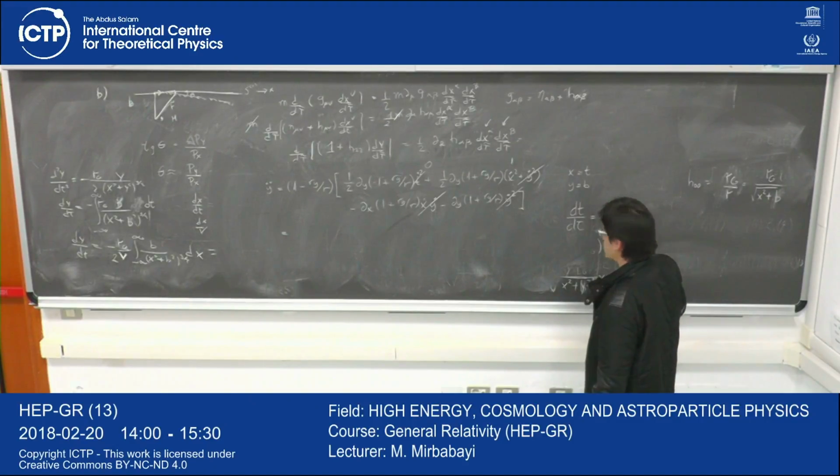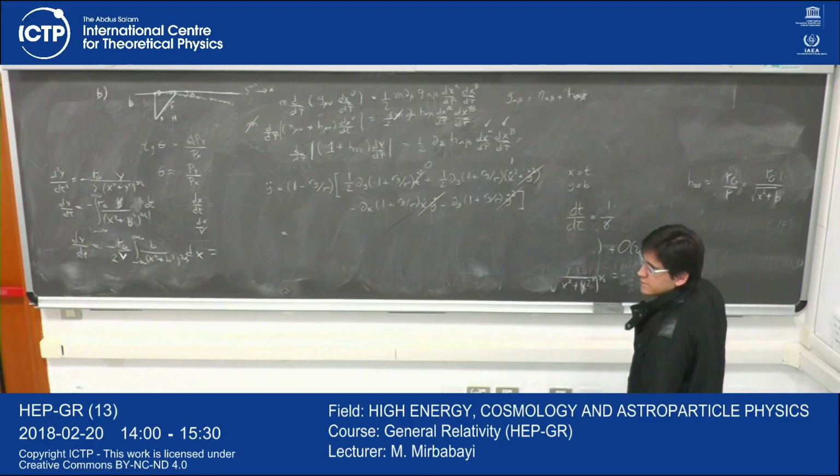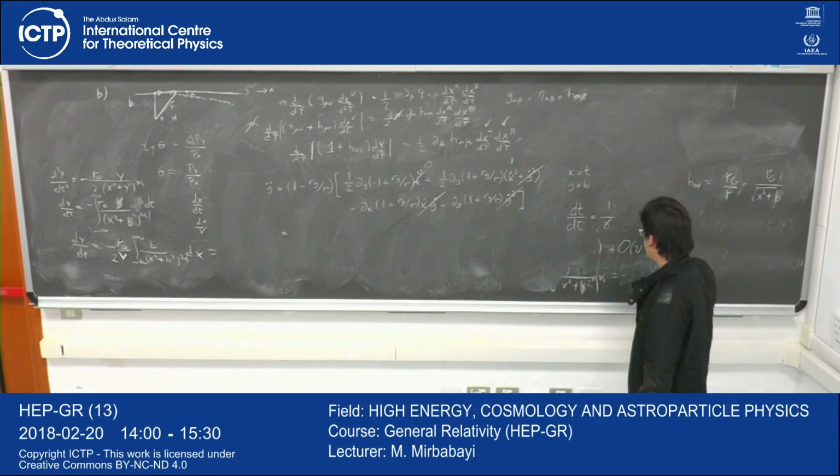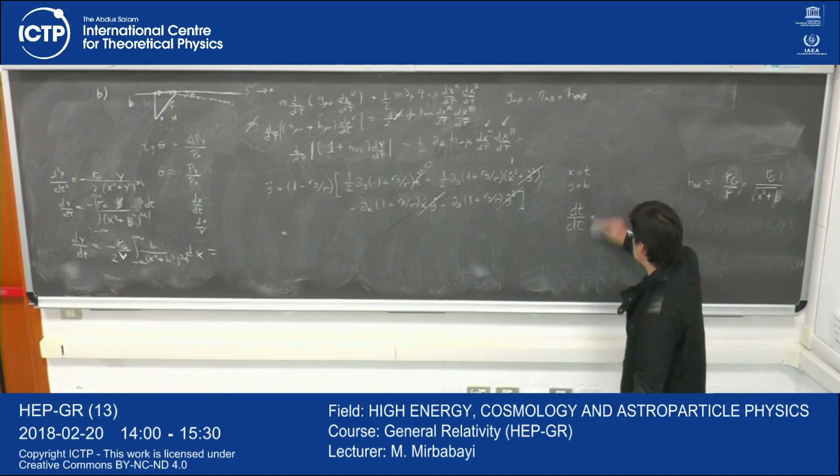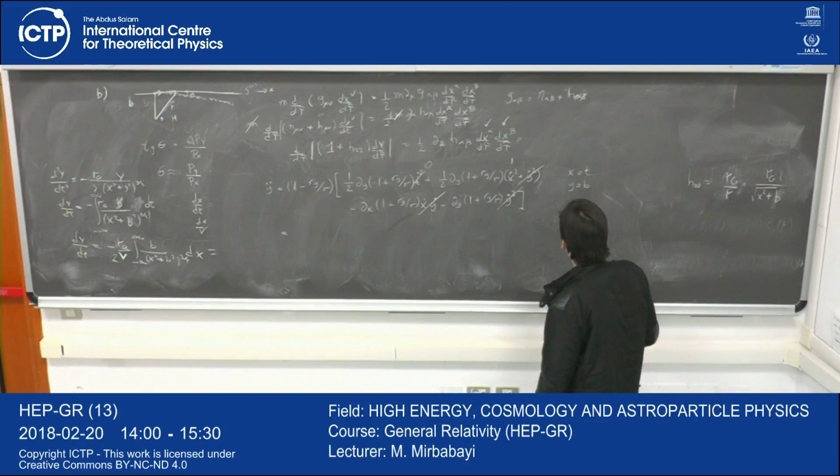And then, well, 1 over gamma. Remember what the four-velocity is? Do you remember what the four-velocity is? For a relativistic particle, you would have this is 1.